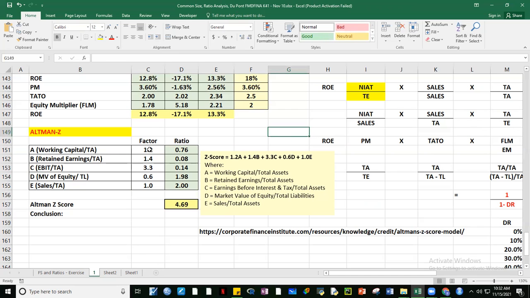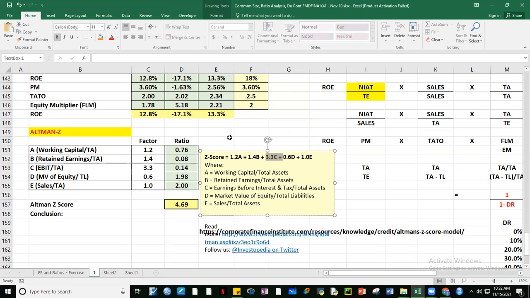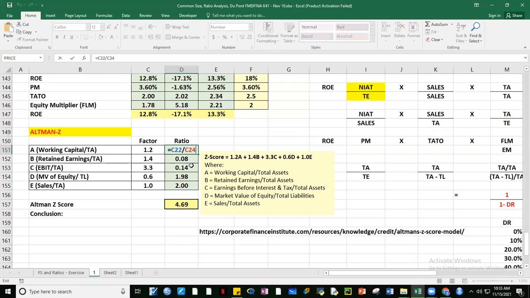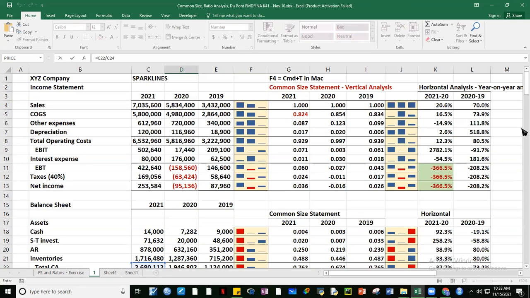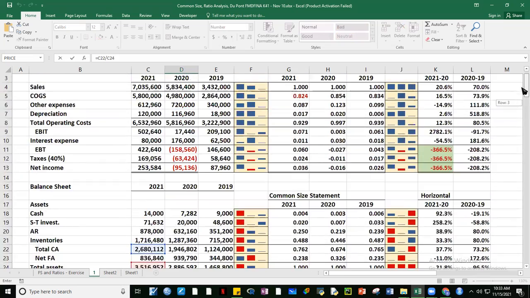Okay, so here, let's compute first. Working capital natin, guys, is simply your total current assets. Okay. So that's C22 over C24. C22 is your total current assets. Tingnan natin dito. Yan ang working capital natin there.